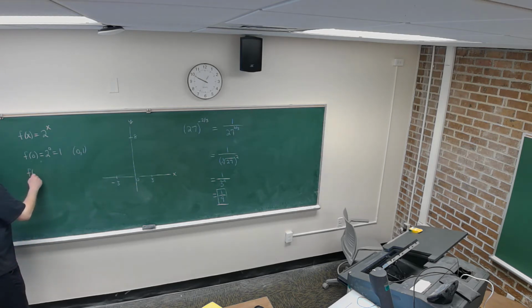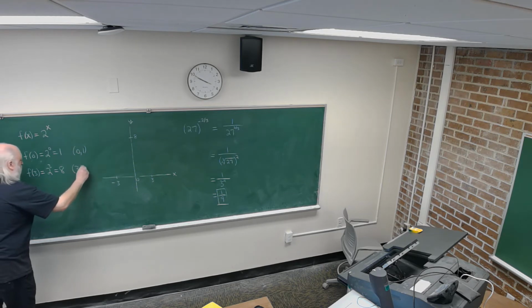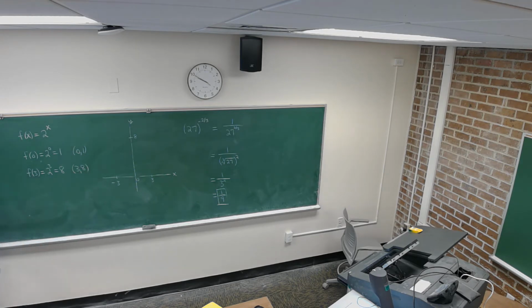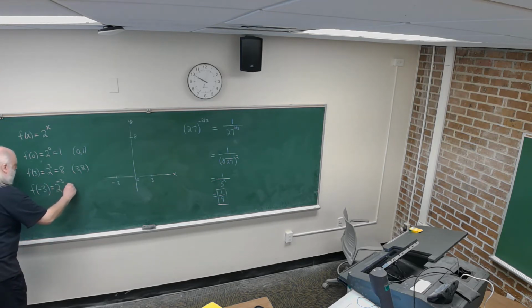At x equals 3, f of 3 is equal to 2 cubed, which is equal to 8. And so the point (3, 8) is on the graph. f of minus 3 is equal to 2 to the minus 3 power.